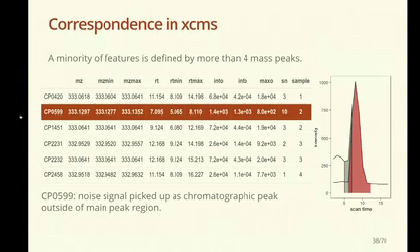So just to show for one particular feature which mass peaks have been grouped to that feature. And if you look very closely, you can see the chromatographic peak that is detected in gray, and then the scaled stick profile in red. And you can see that it doesn't nicely overlap with the ambient peak, so the sample measurement peak that we had.